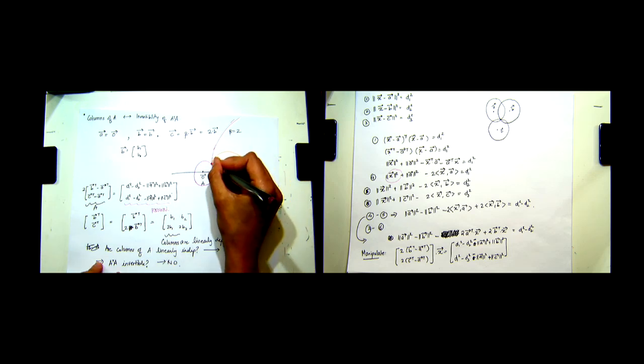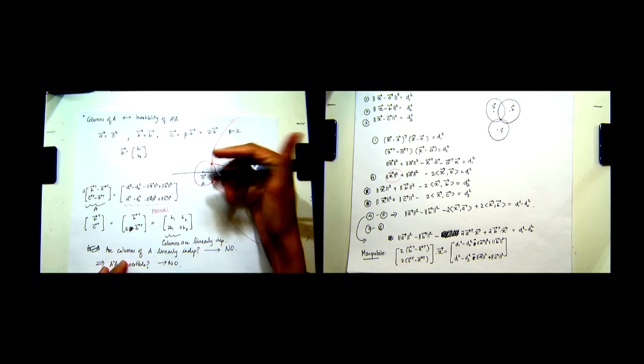So can I find a unique point? If I give you distances D1, D2, and D3, is there a unique solution to this system? This is distance D1, this is distance D2, and this is distance D3. How many points are there that are D1 from A, D2 from B, and D3 from C?